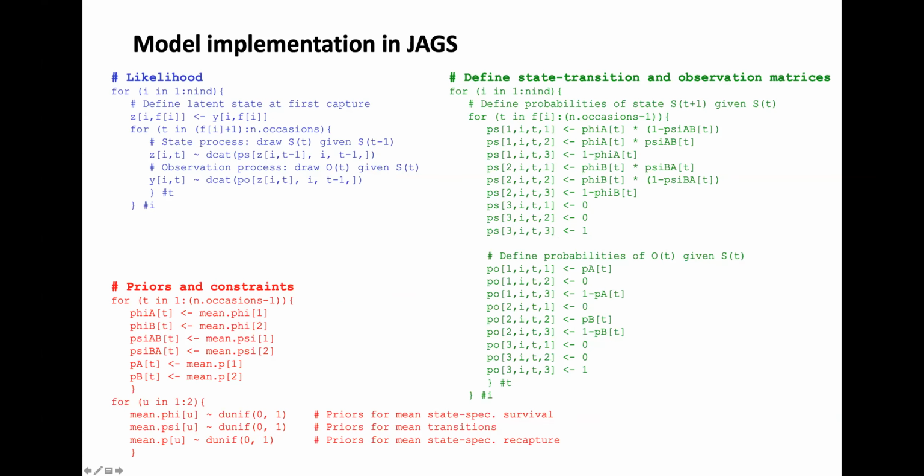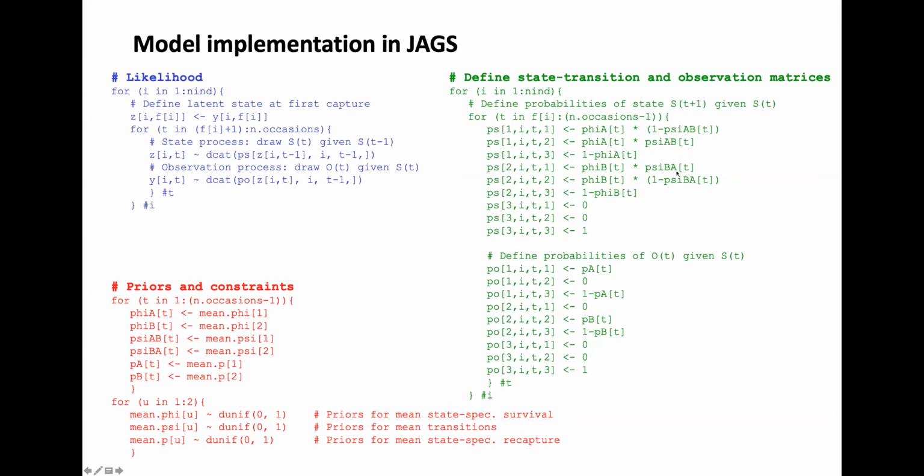Okay, to sum up, we have those three components: the likelihood, the definition of the transition and observation matrices, and the priors and constraints. So basically, the likelihood will not change from one model to the other. You will use exactly the same likelihood because it's general enough for you to be able to fit any models.